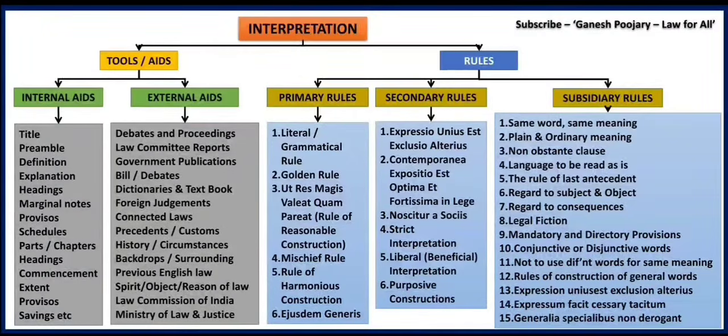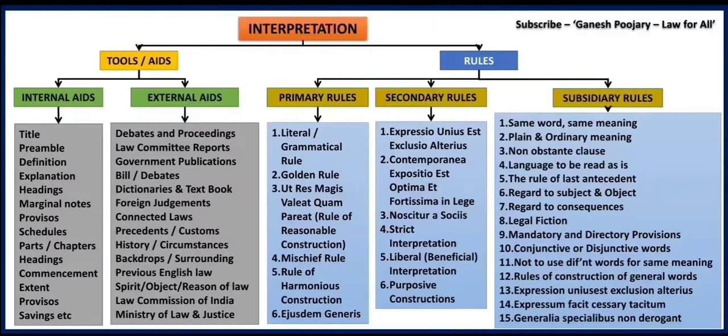But sometimes it so happens that even after referring to all of those which are available as internal aids, you are unable to find the right meaning or the intention of the statute. Now what happens? In that case, you have to refer to the external aids. And what are those?